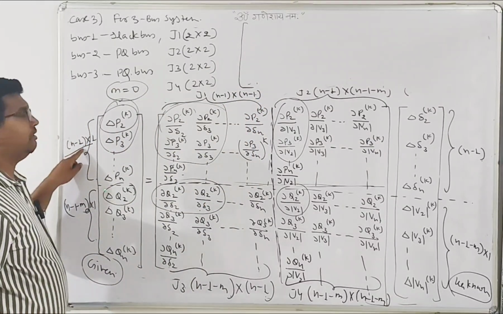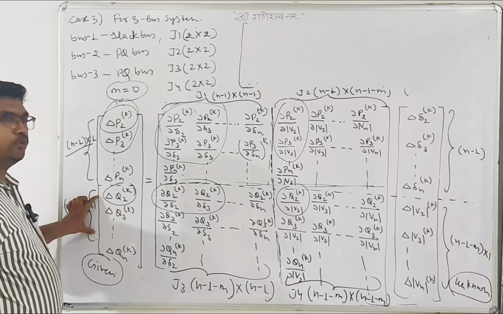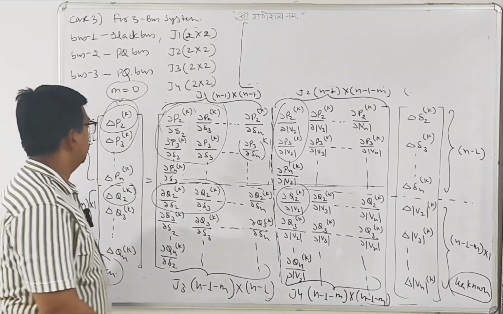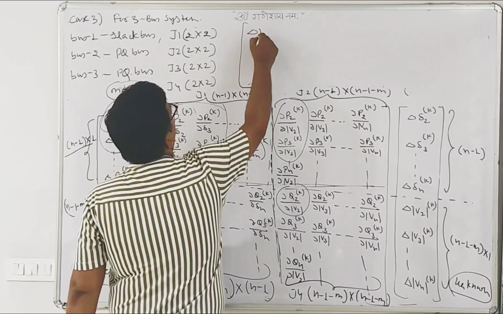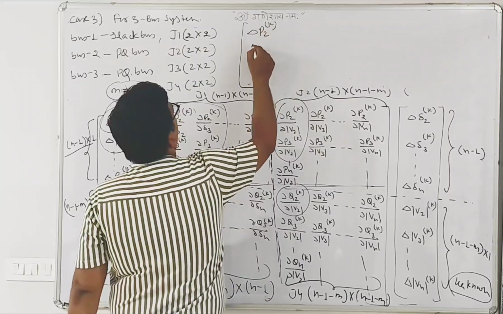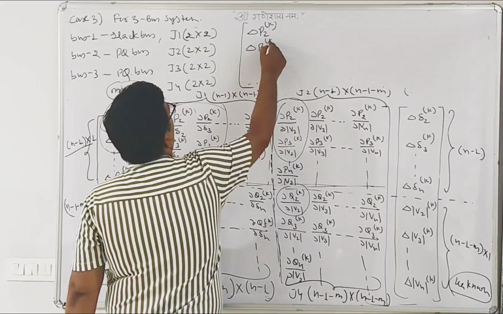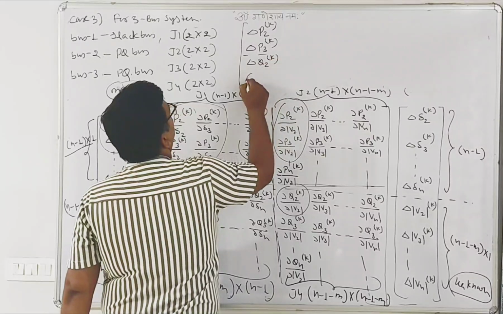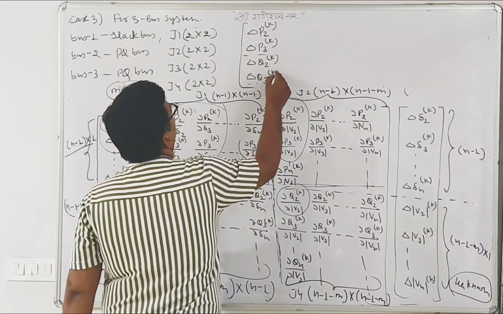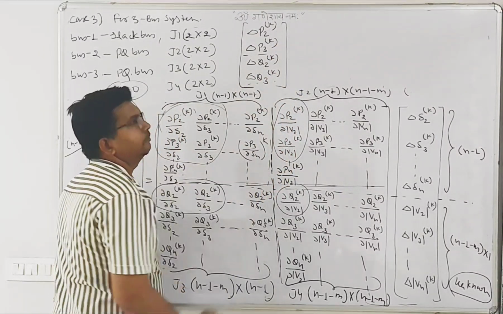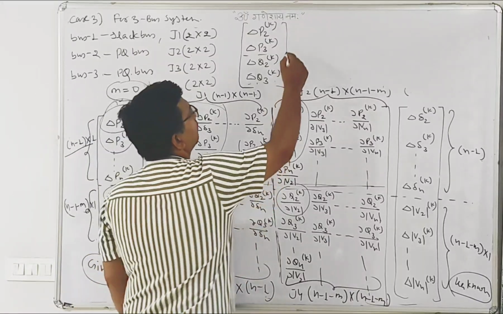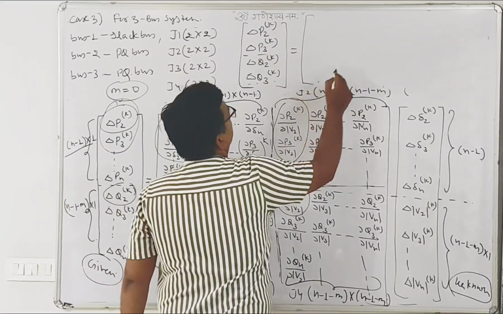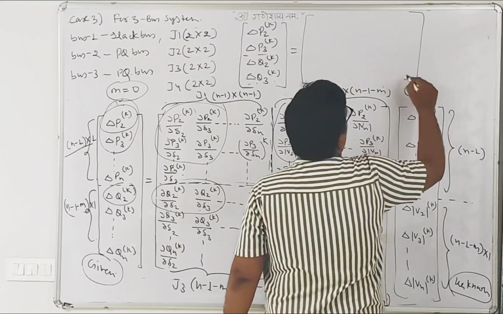Because this is n minus 1, it is 2 cross 1. This is also 2 cross 1 because m is 0. So what are these terms? Delta P2k, delta P3k, delta Q2k, delta Q3k, equal to, this is our Jacobian matrix.